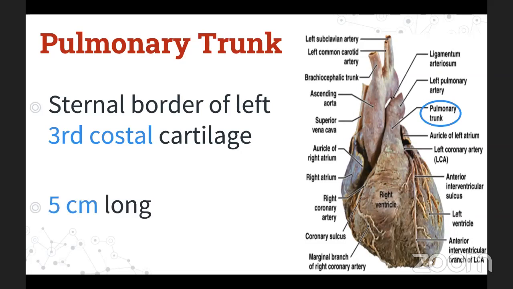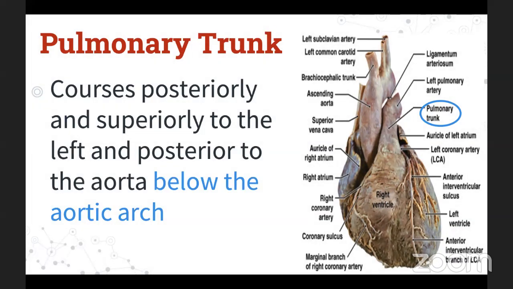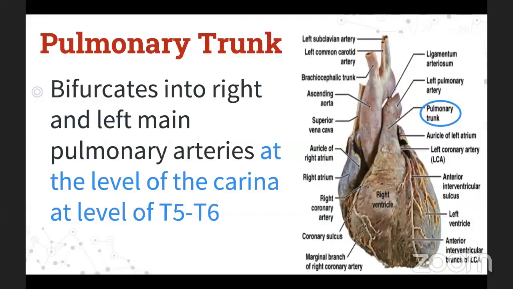It's 5 centimeters long, and it courses posteriorly and superiorly to the left, posterior to the aorta and below the aortic arch. It gives two branches, the right and left main pulmonary arteries, and this branching is identified anatomically at the level of the carina, at the level of T5 and T6.